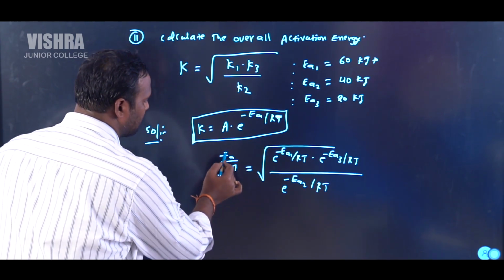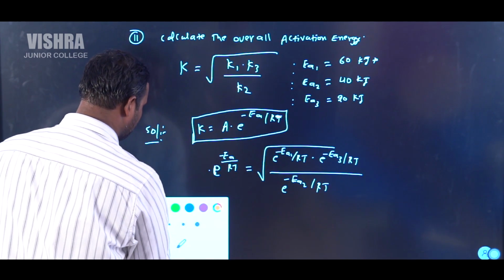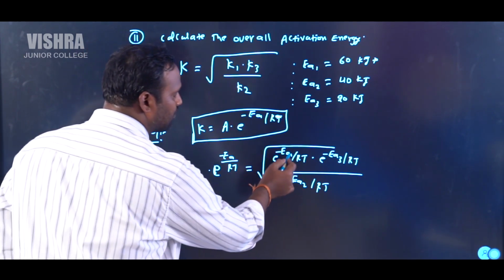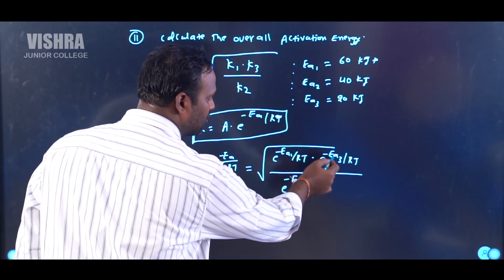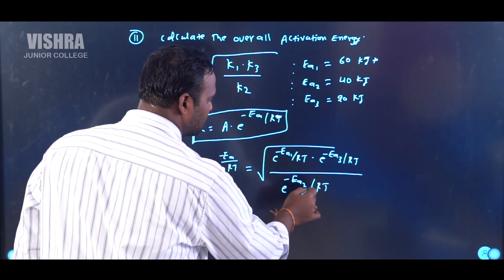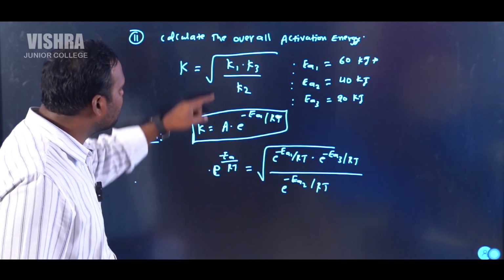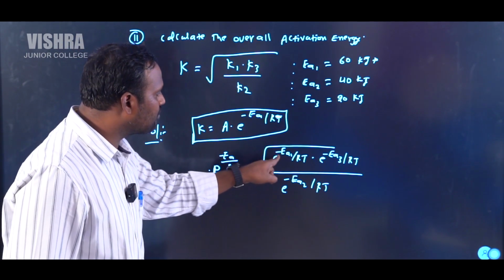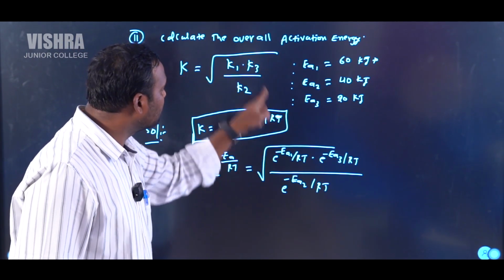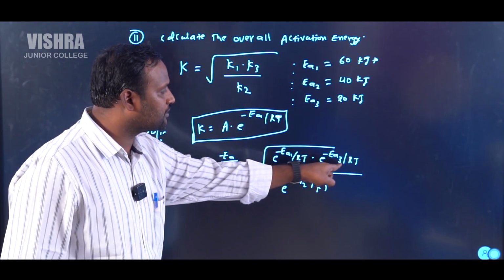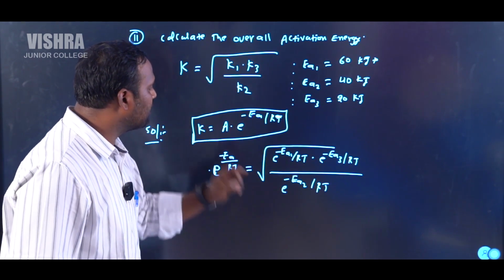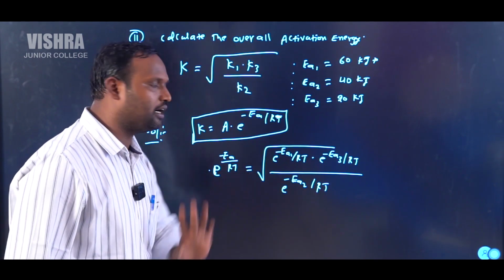So e power minus Ea by RT is equal to the square root of e power minus Ea1 by RT into e power minus Ea3 by RT by e power minus Ea2 by RT. Indirectly, in place of K1 we have taken e power minus Ea1 by RT, in place of K3 e power minus Ea3 by RT, and in place of K2 e power minus Ea2 by RT.